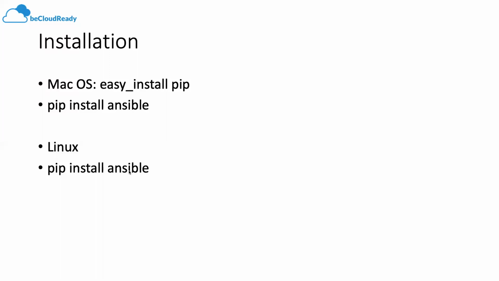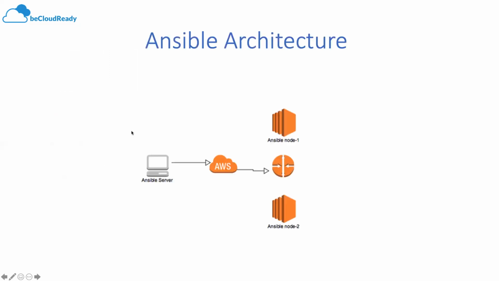So once you have done that, this is about Ansible, right? How we will be using Ansible: as I said, my Mac, my PC, will be the Ansible server where I have the Ansible code, and using that code, I will invoke certain scripts. Those scripts will create infrastructure in AWS.